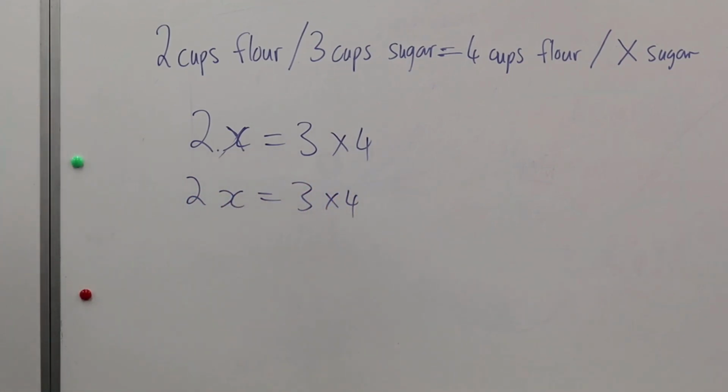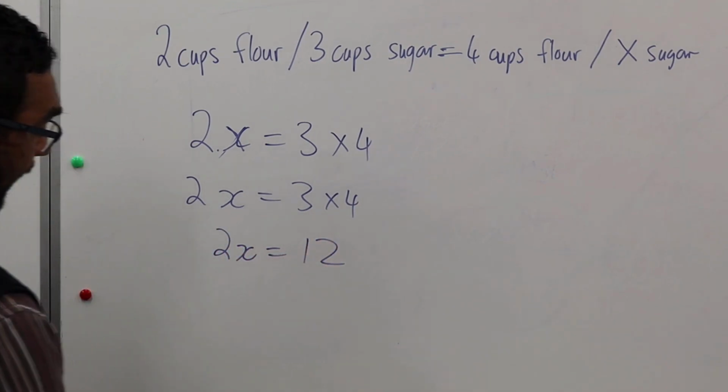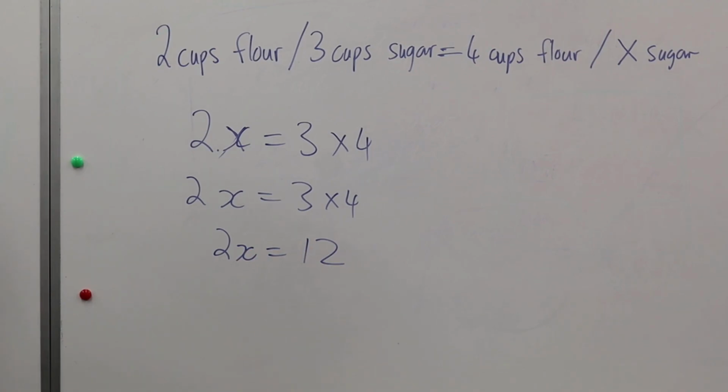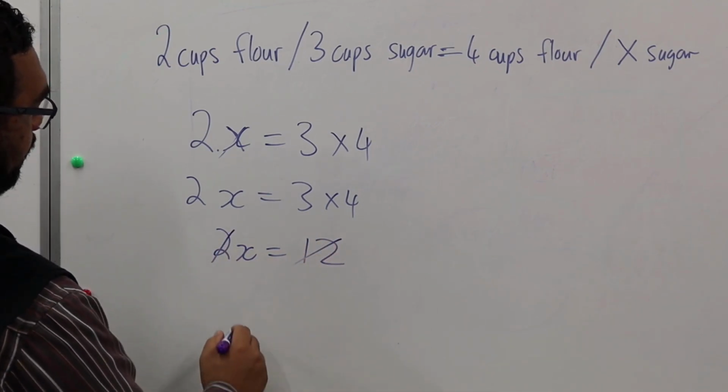And please don't worry, we are still in math literacy. We are not in math core. Okay, so what is this now? 2x then equals 12. And now what are we going to do? We're going to divide this by 2, which means we need to divide that by 2.